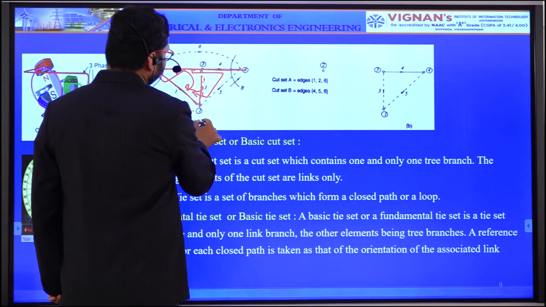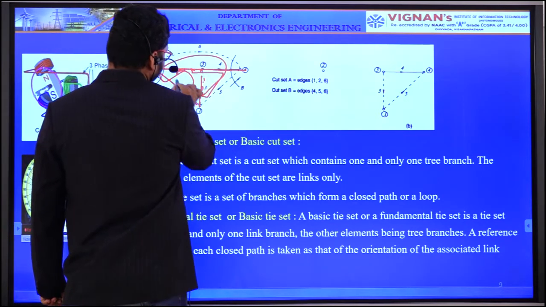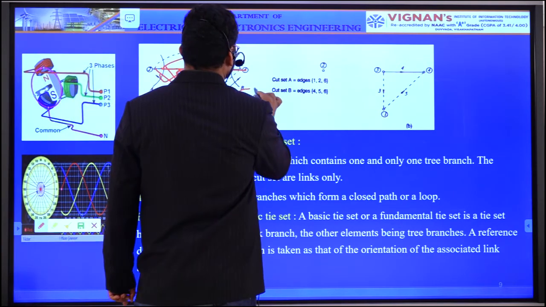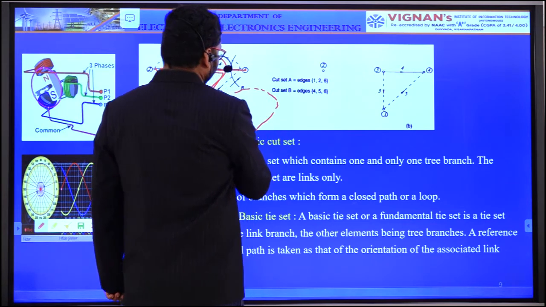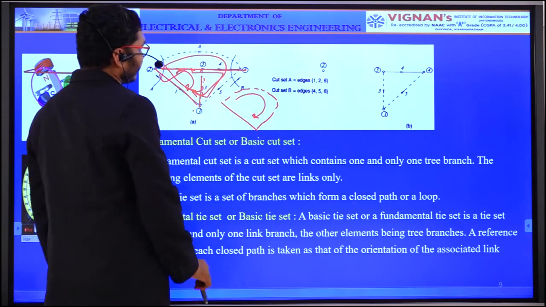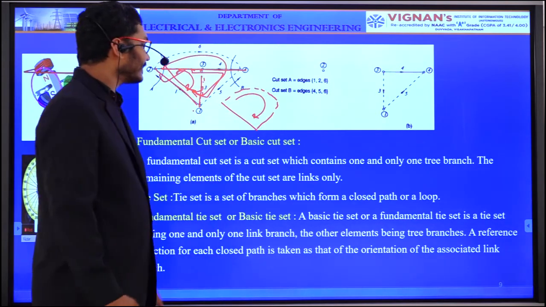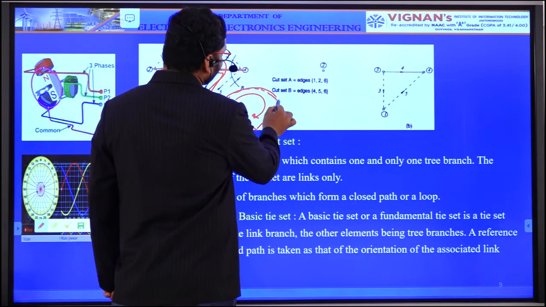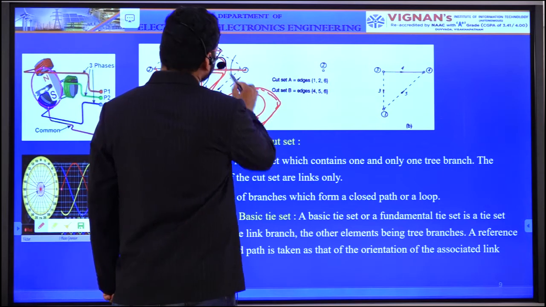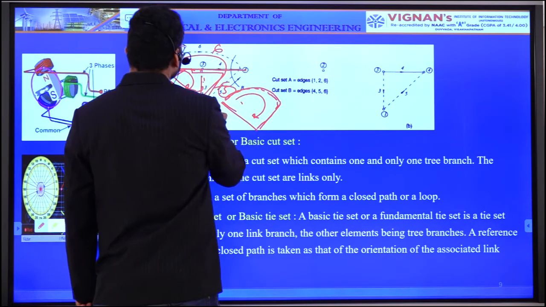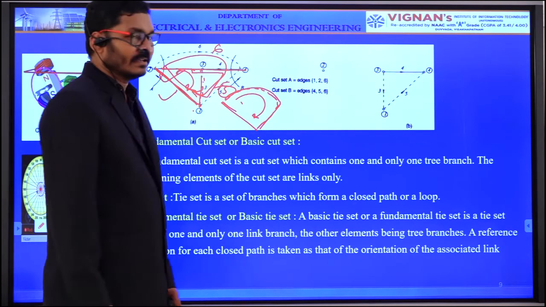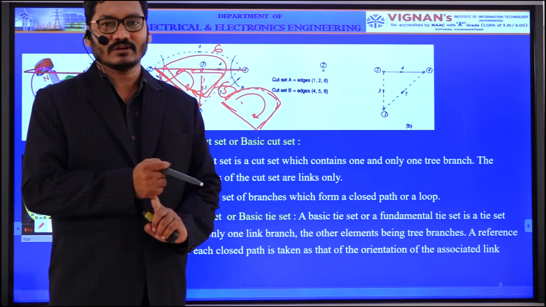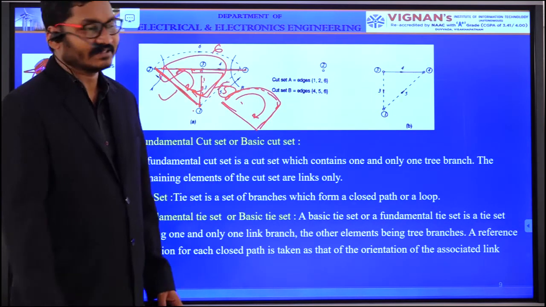Okay, but suppose if you see like this, it is not a basic tie set, because even though it forms the closed path, it is the tie set, but it is not a basic tie set because it is having two co-tree branches, 6 and 5 are the co-tree branches, only tree branch is 1. Okay, it means for a basic tie set only one co-tree branch should be there in a loop, and other branches should be tree branches.